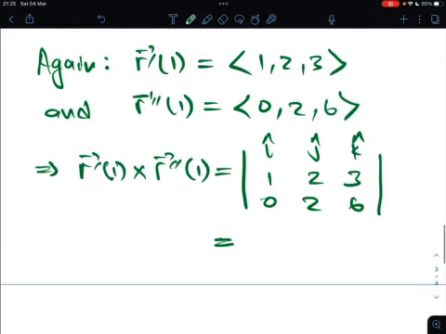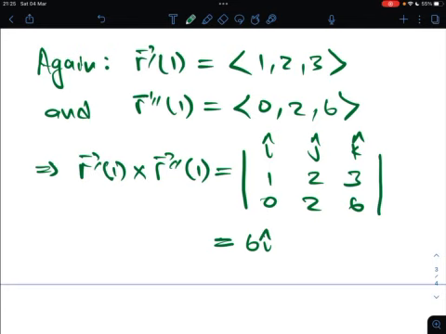So let's simplify and see what we get now. We already know how to evaluate the determinant of 3 by 3 matrices, so I'm just going to work it out in my head. We have 12 minus 6, which gives us 6i.